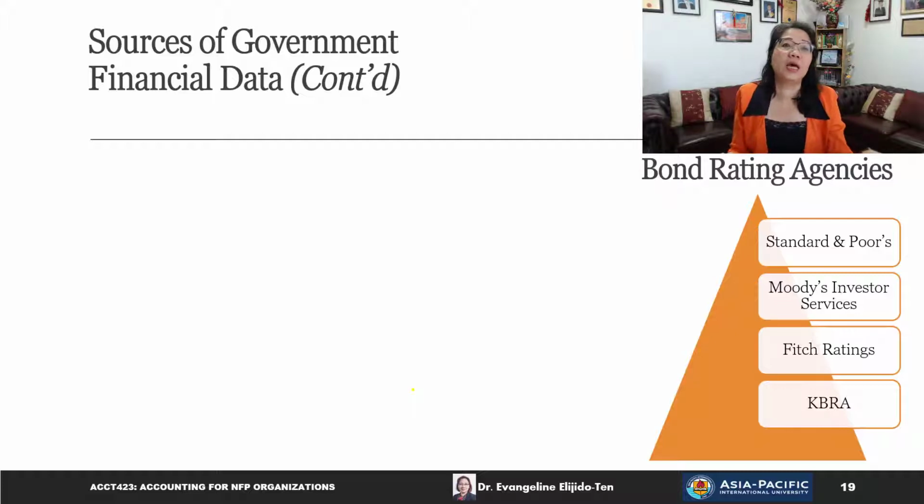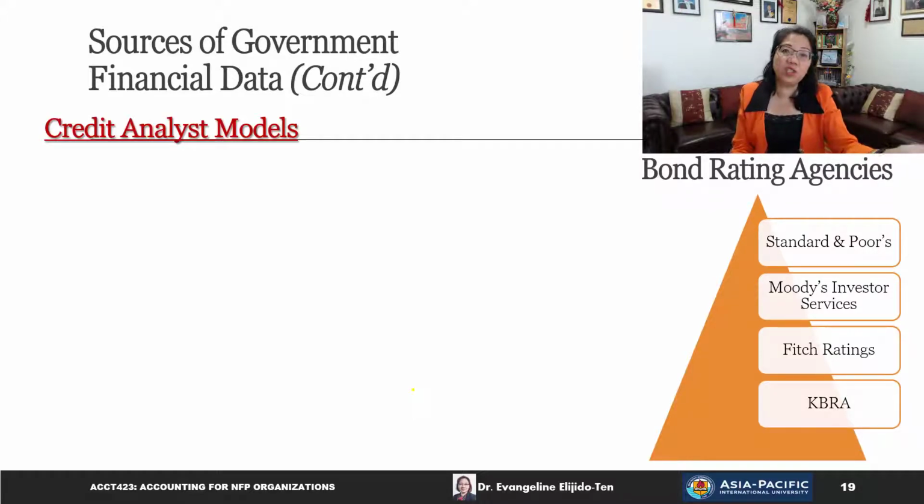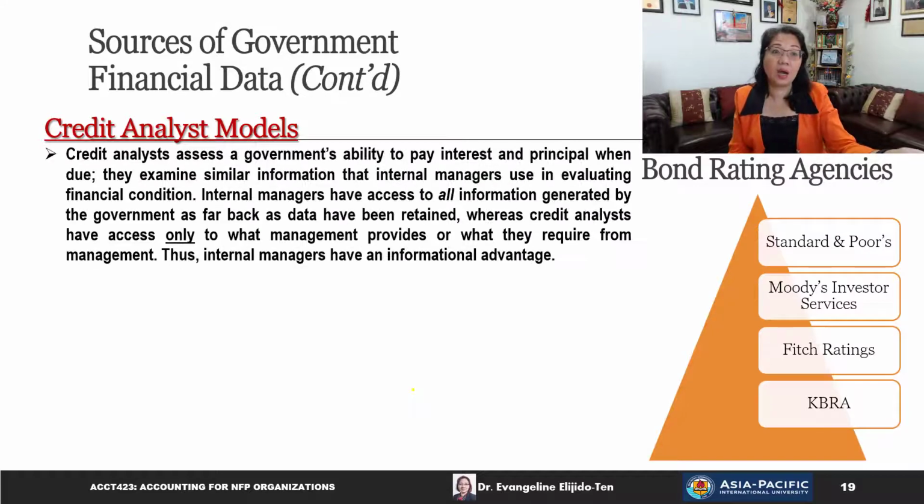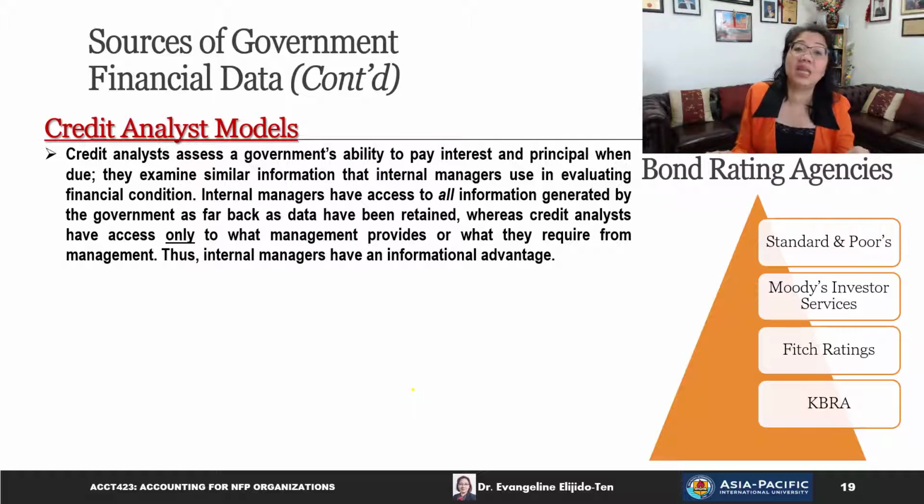Other sources of data will be the bond rating agencies such as Standard & Poor's, Moody's Investors Service, Fitch Ratings, and KBRA. So credit analysts assess the government's ability to pay interest and principal when they are due. They examine similar information that internal managers use in evaluating the financial condition of their government body.